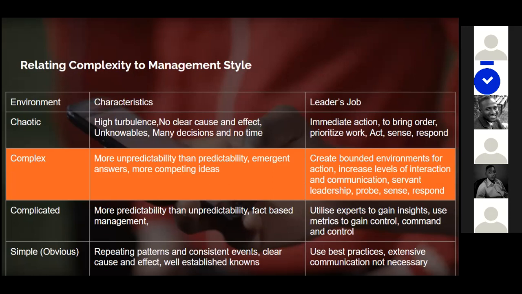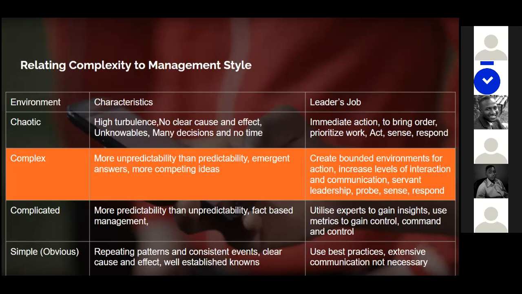Servant leadership, probe, sense, respond. For example, the manufacture process of the vaccine, I mean, with the complex situation, they just need to come up with what they can come up with, increase levels of interaction, communication, probe, sense, respond.